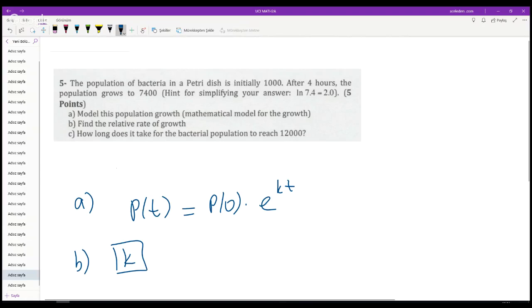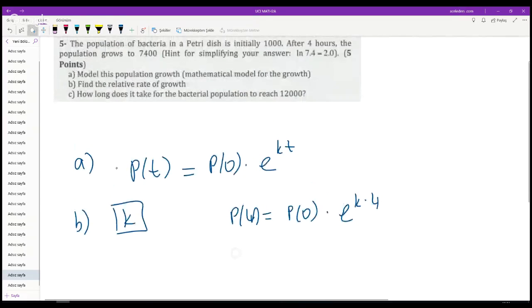So how are we gonna do that? We have the population value after 4 hours, we have the initial population value, and we have, of course, e to the power 4k. So after 4 hours, it is 7,400. The initial population value is 1,000 times e to the power 4k, right?